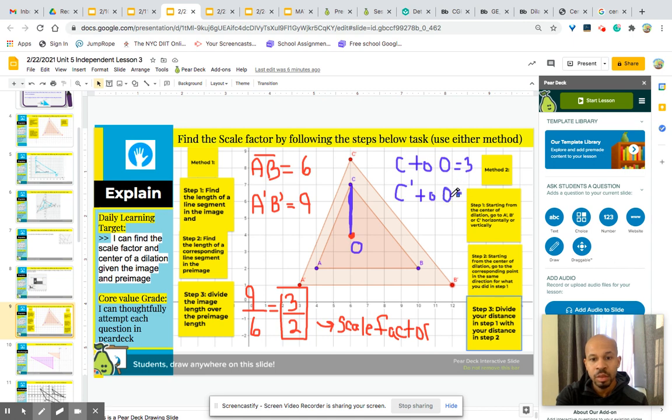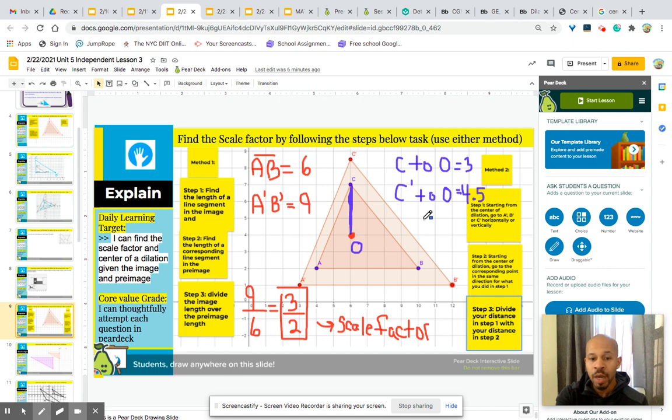it's one, sorry. So notice how this is approximately 8.5. It's not 9. You want to be careful with that. So we're going to count from the center of dilation 1, 2, 3, 4, and then 4.5. All right.